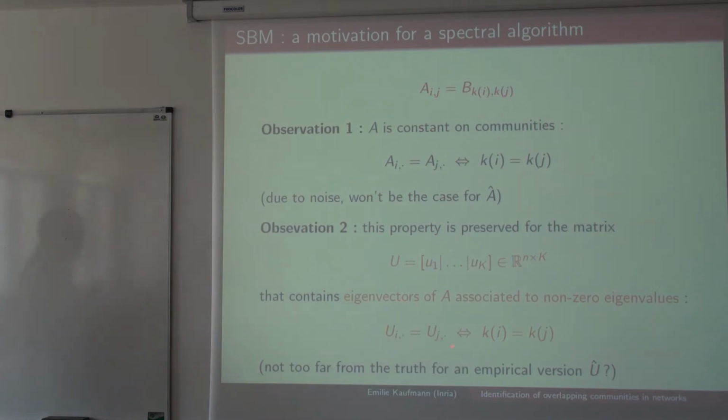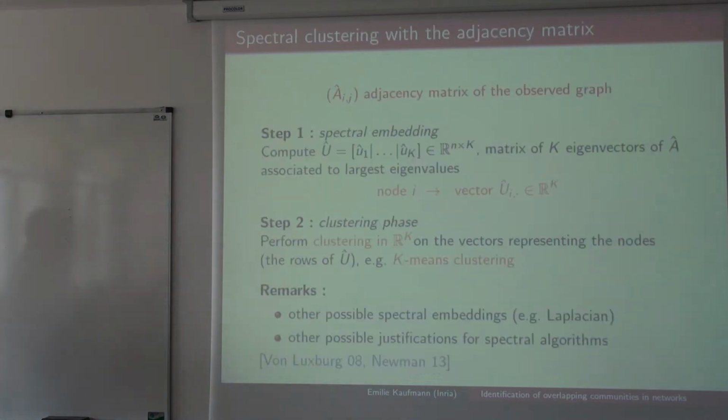But now this matrix U is no longer a binary matrix, in the empirical version. So there is some hope that this will also work with the matrix of eigenvectors associated to the observed network. And this is actually the idea behind the spectral method.